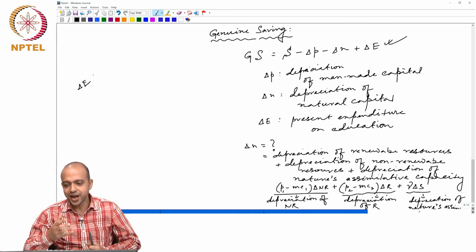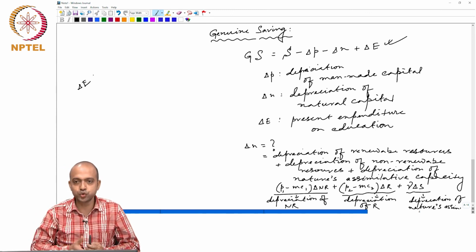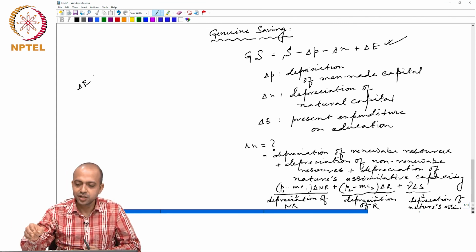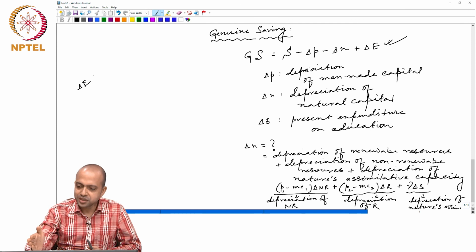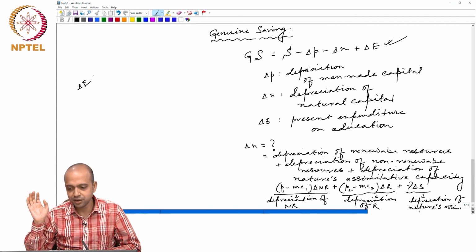That human capital should be added, not subtracted. So, a group of economies consider only up to delta N, deducting only depreciation of man-made and natural capital.